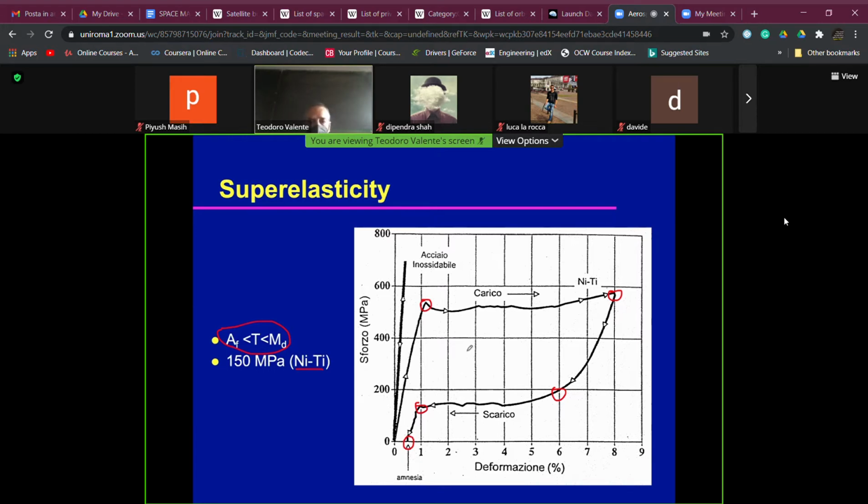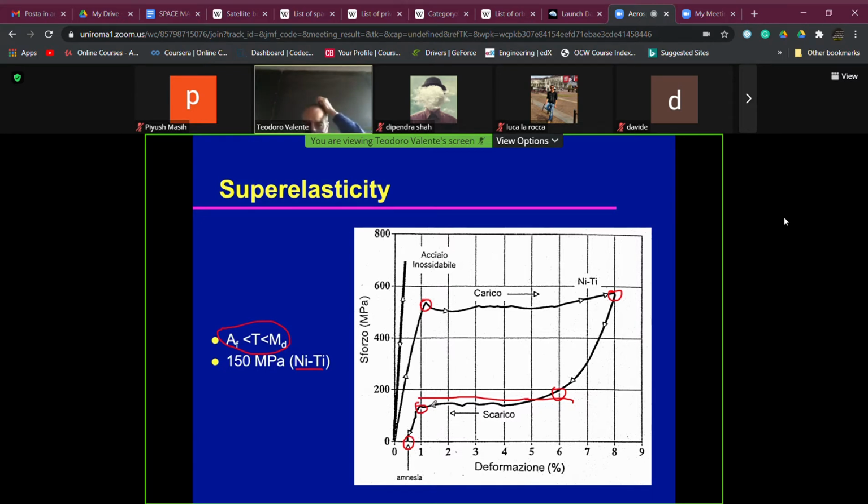we can discover very interesting things. You can see that during the unloading, there is a quite relevant part of the diagram for which the stress given back is more or less constant, a sort of plateau during the unloading part of this diagram.